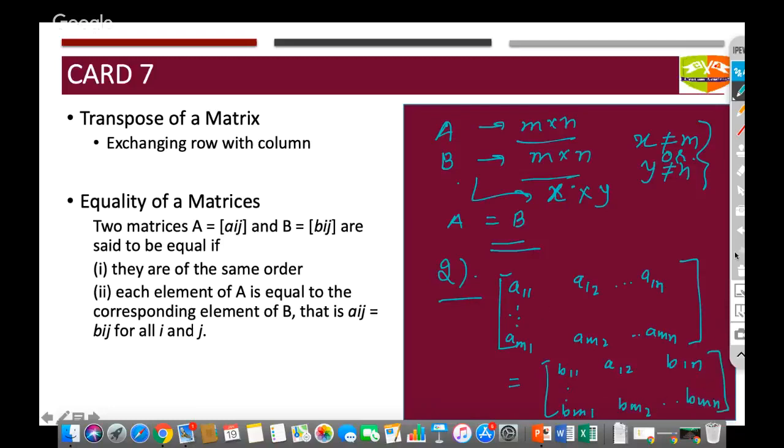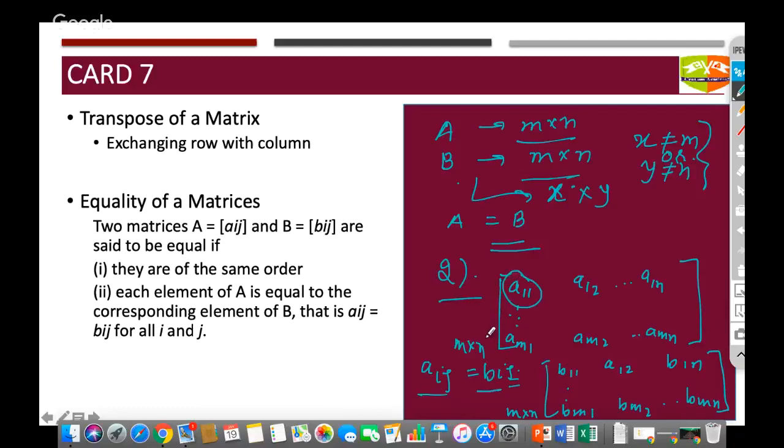Both the matrices are first of all of m into n order. Now if you have to make these equal, it means that Aij is equal to Bij. It means that only corresponding elements are equal.